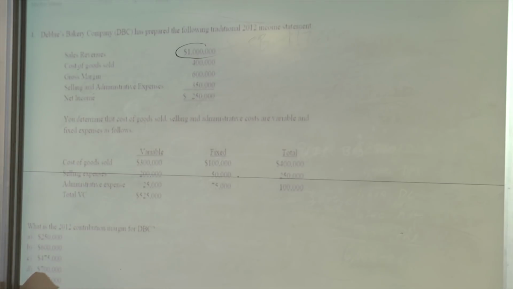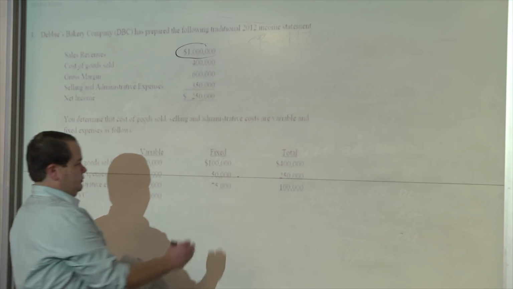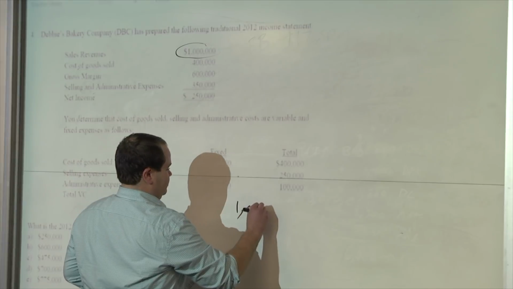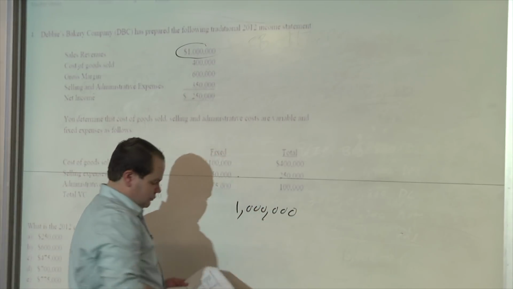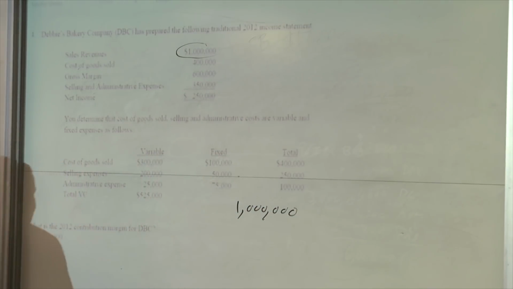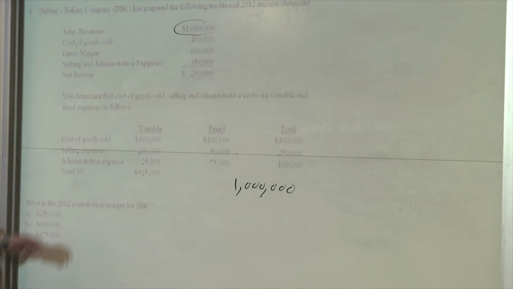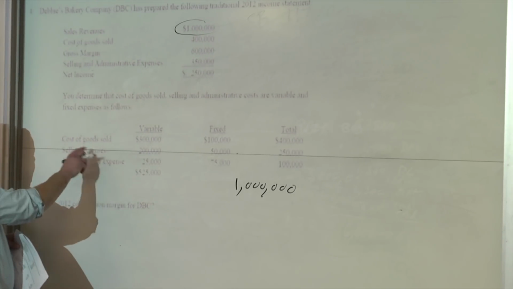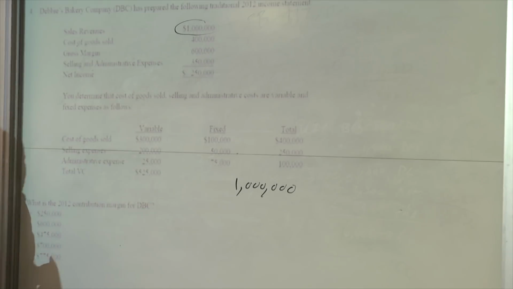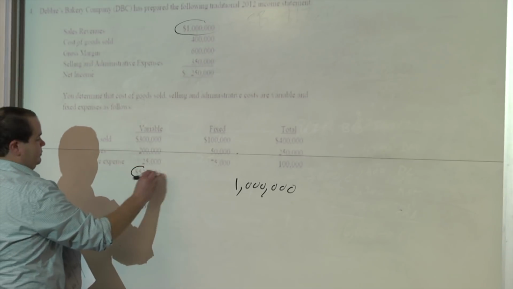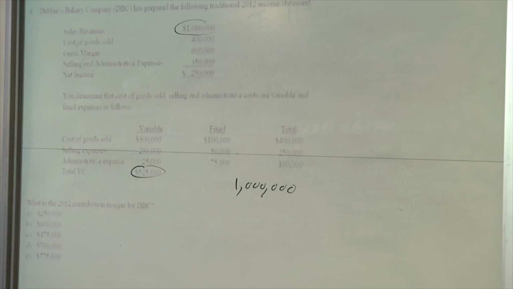So if we have $1 million in revenue, we just need to take out the variable costs. Unfortunately for us, they give us a lot of information here. All we care about is the variable portion, 525.